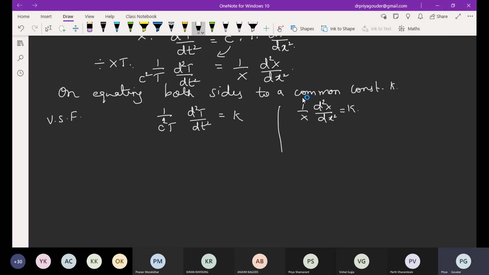So we'll write it in equation format. This is d²T/dt². I'll transfer this term: k c² T. Then I'll take this term here, what happens? Isn't it minus? Am I right with this step?